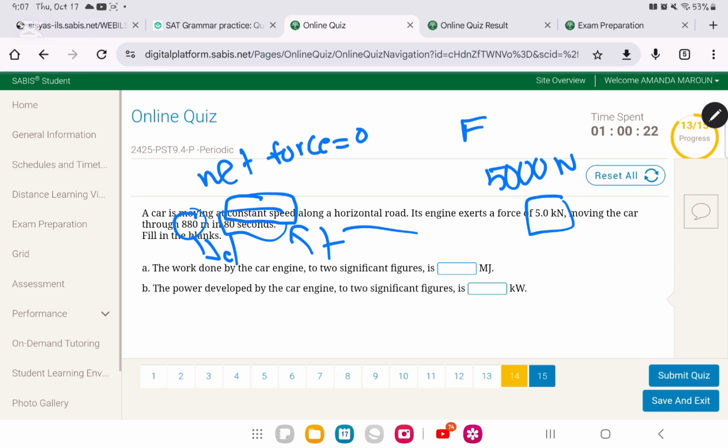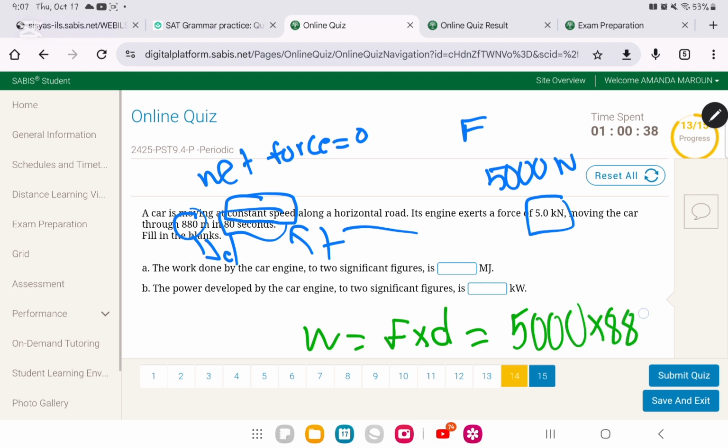They need us to find what? The work done by the car engine. So we know work is equal to force times distance. So force times distance, in this case, is 5,000 newtons times 880. Use them in their basic units, the SI units.